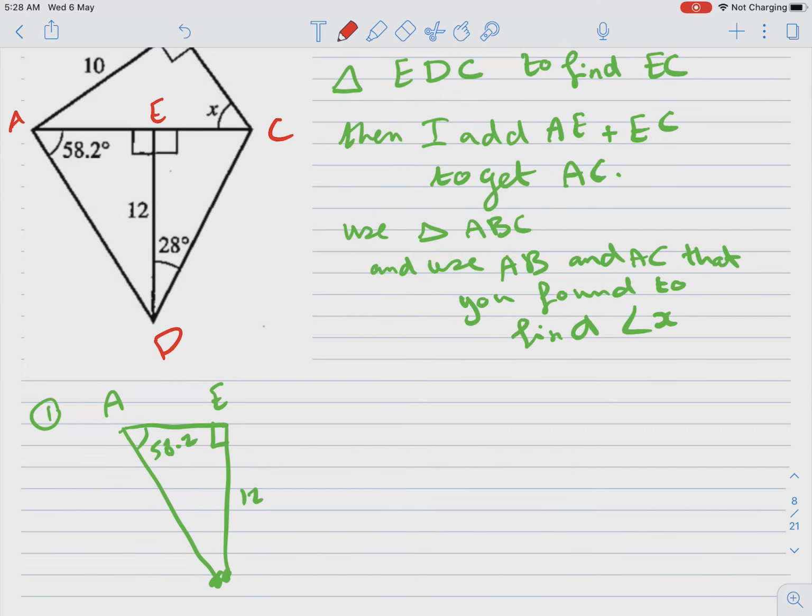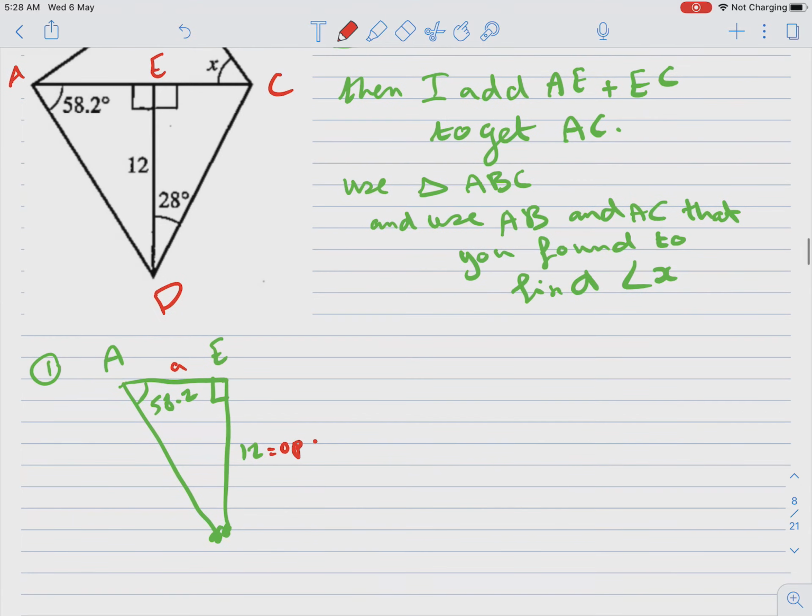With respect to the 58.2, this is the opposite, and this is the adjacent. So I will use tan. Tan 58.2 is equal to 12 over AE.